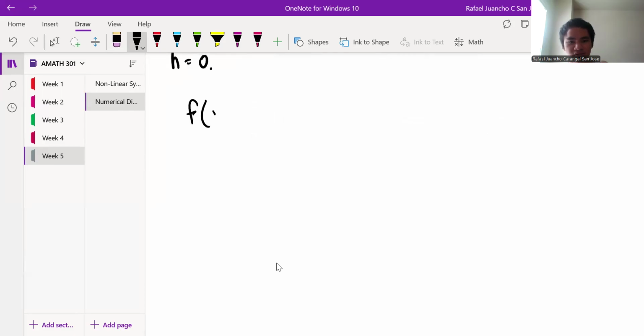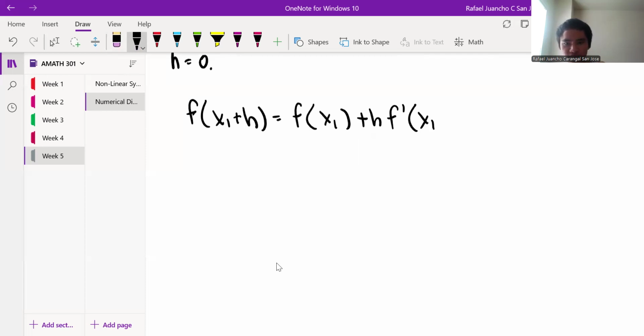So here's how they do a Taylor series. This is equal to f of x1, plus h times its derivative. Why is that? Anyway, we'll see.